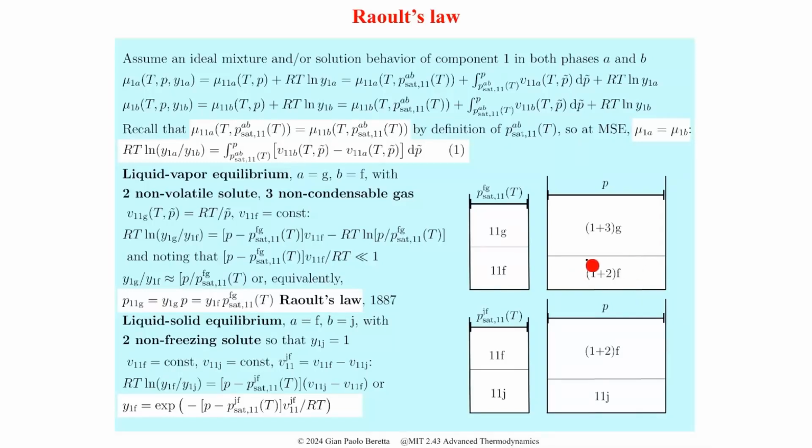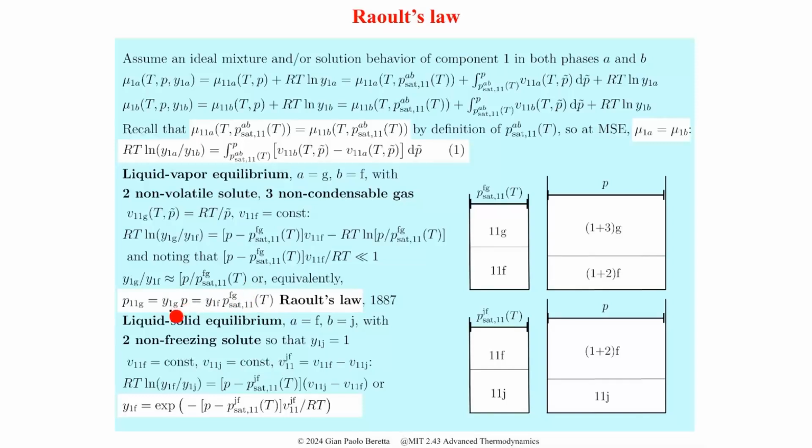And here it is a solvent, so it's the predominant. You could also apply it for pure water. In this case, Y1F is equal to 1. Then that is equal, and this is Raoult's law, to the ratio of the pressure over the saturation pressure of pure water.